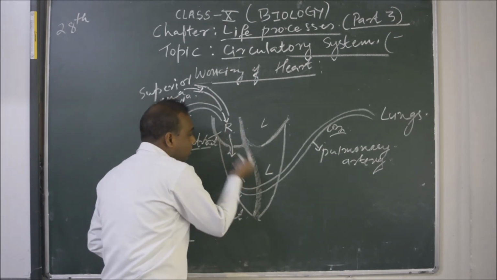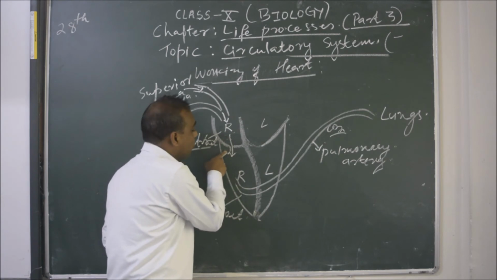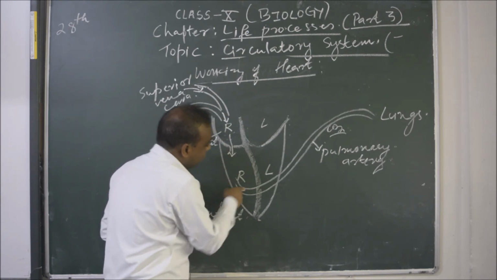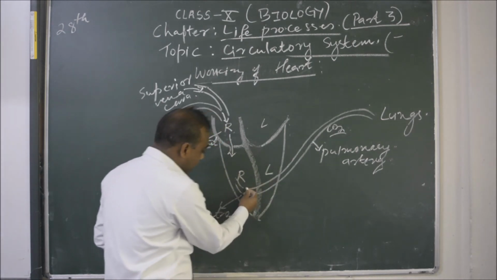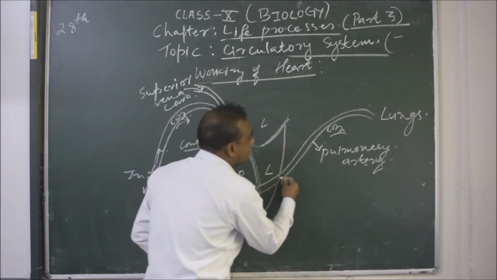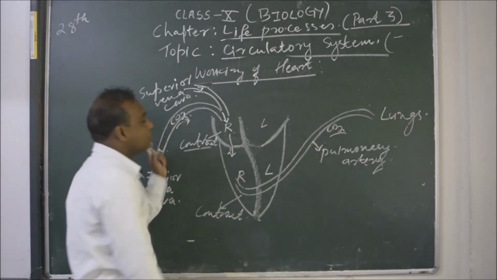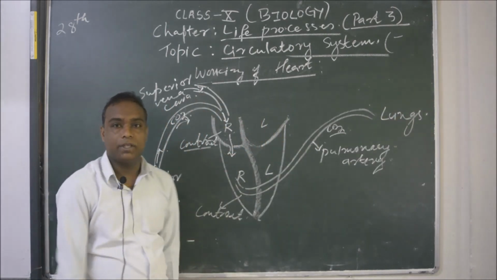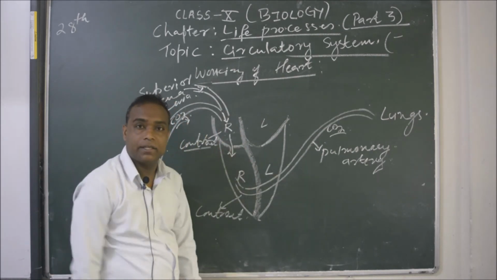When the right atrium contracts, the valve opens and the blood flows to the right ventricle. And when the right ventricle contracts, the blood is taken by the pulmonary artery towards the lungs. So this one circulation is completed, from the body towards the heart.